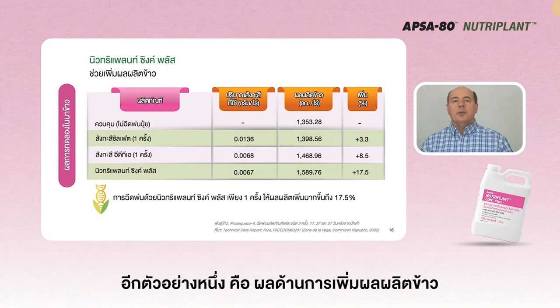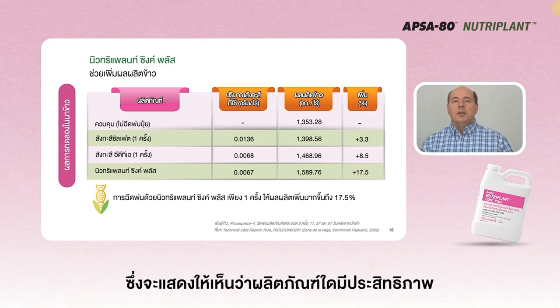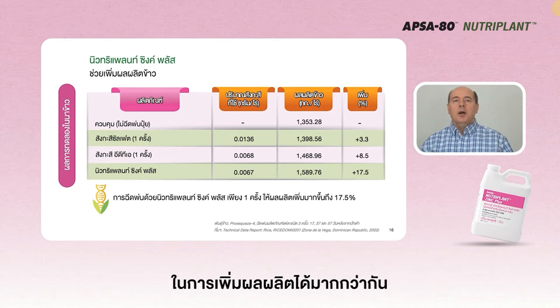Here is another example looking at the rice yield. We often talk about being more efficient with the application. So how products compare in improving the yield?